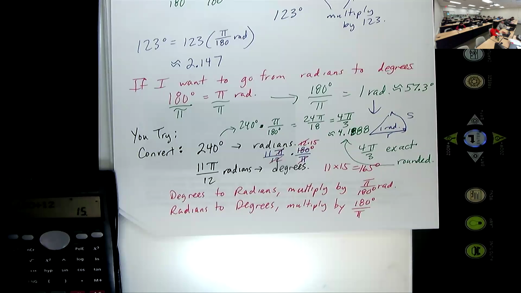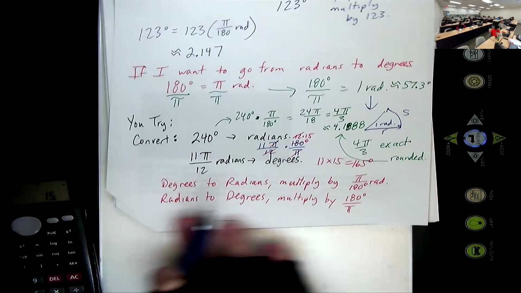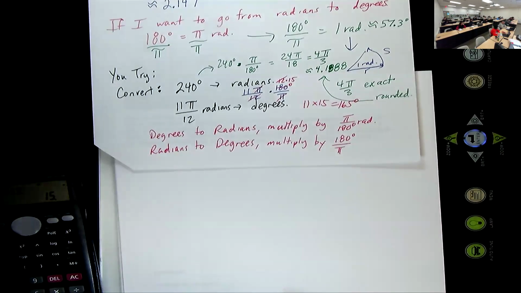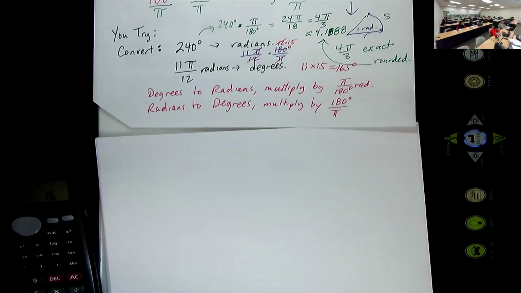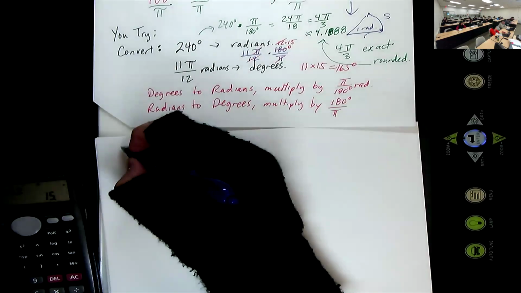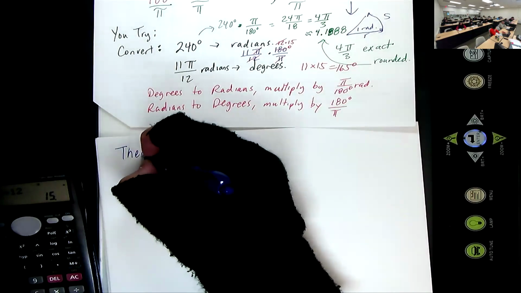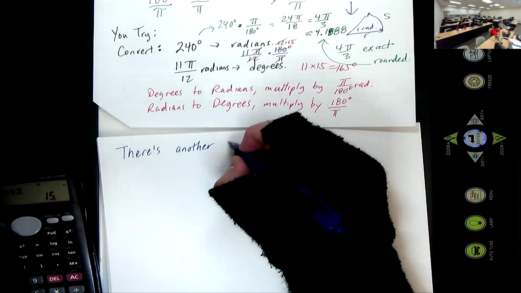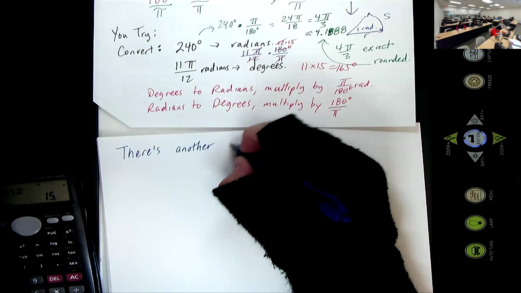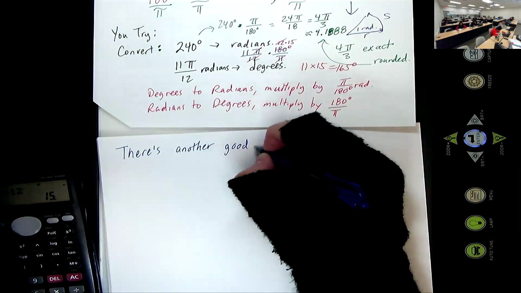If the coolness of 1 radian being the exact angle where the arc length equals the radius isn't cool enough for you, there's another good reason to learn radians. And I'm gonna say maybe even better.